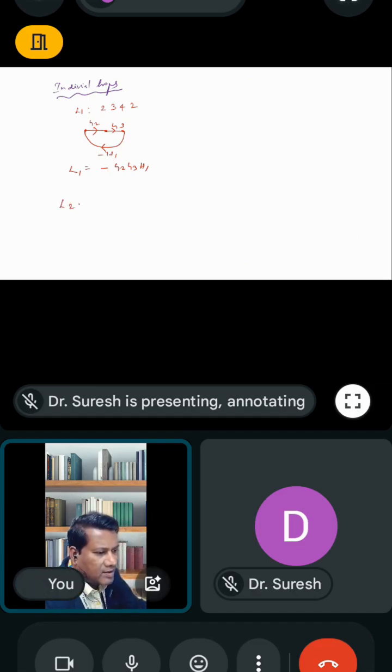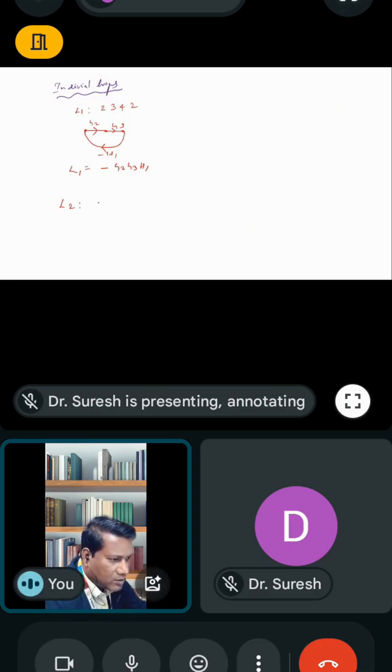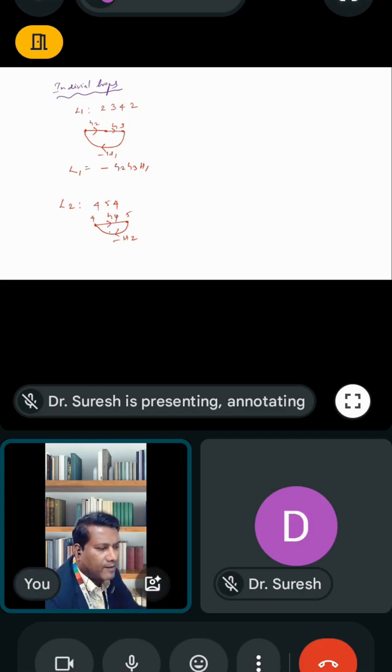Now the second loop is 4, 5, 4. The nodes are 4, 5, 4. The graphical part is 4, 5 and again 4. So minus H2 in feedback, here G4. Therefore, the overall gain is minus G4 H2.